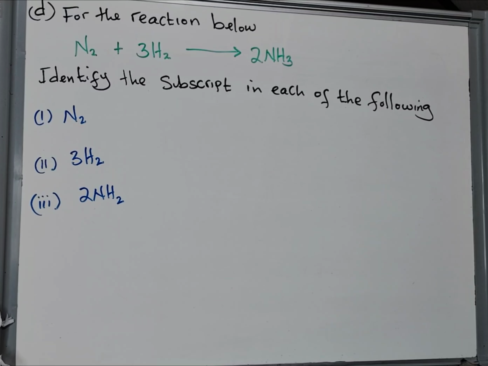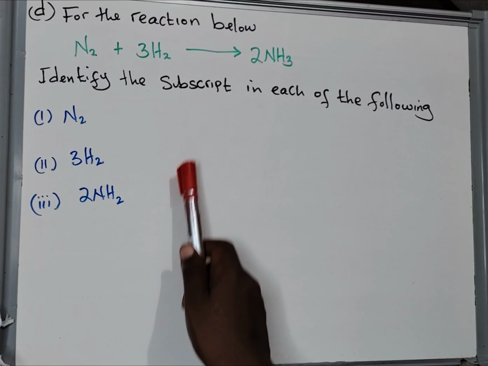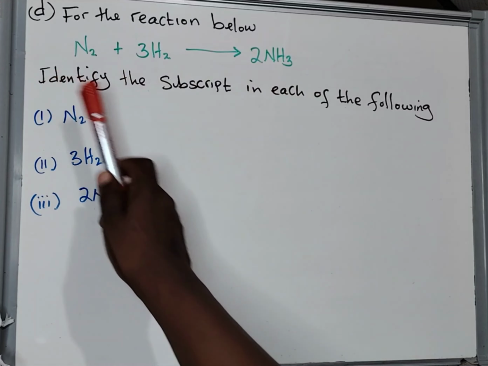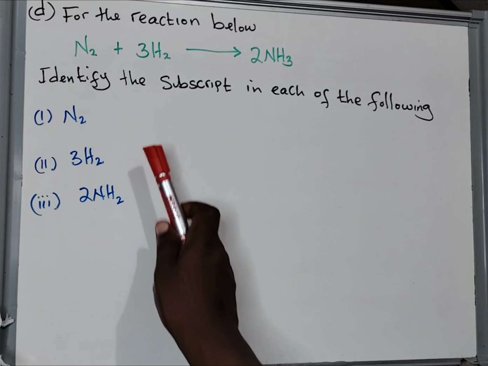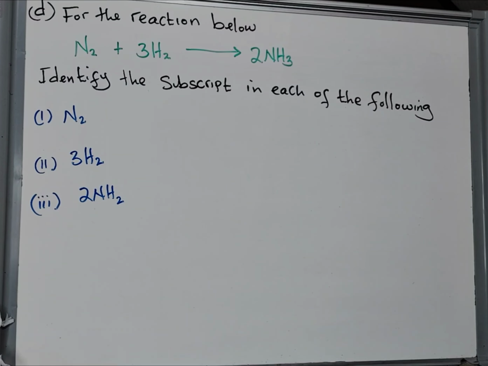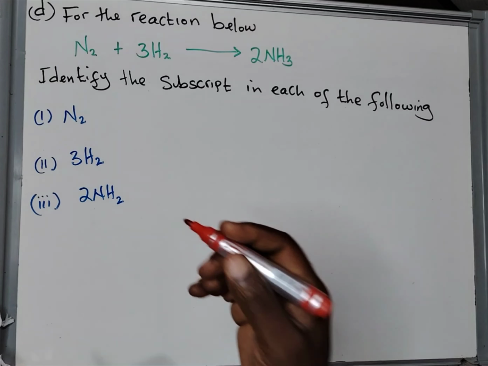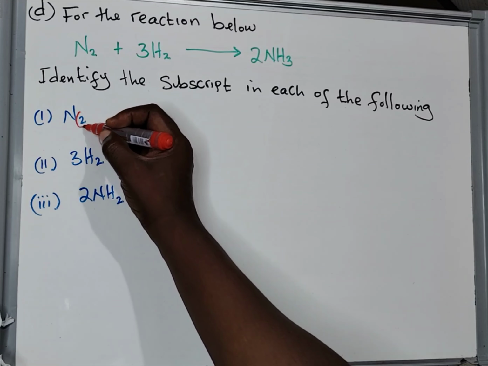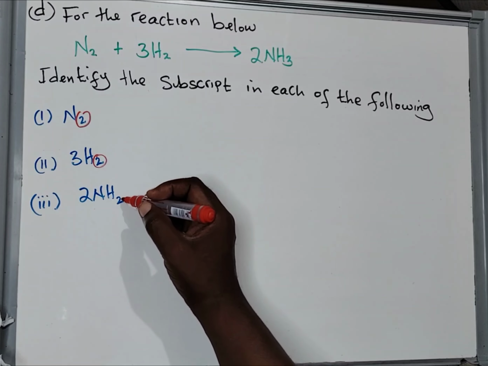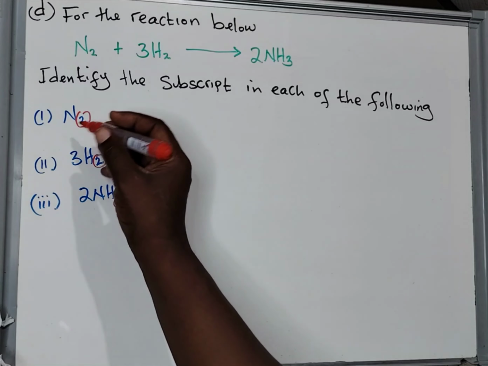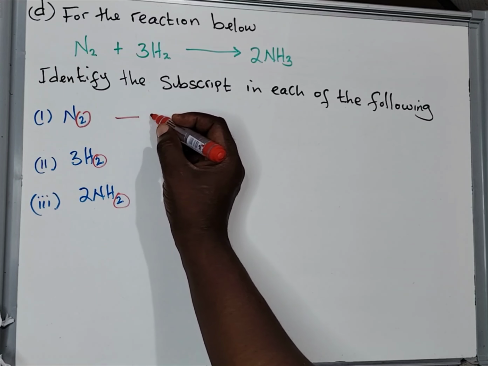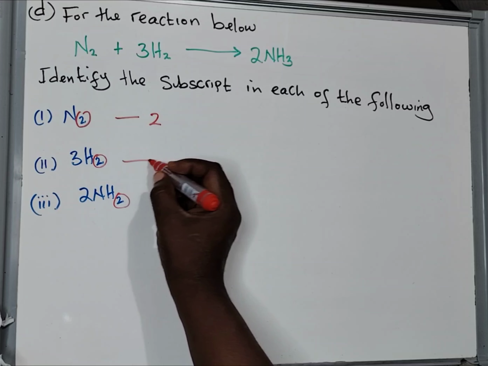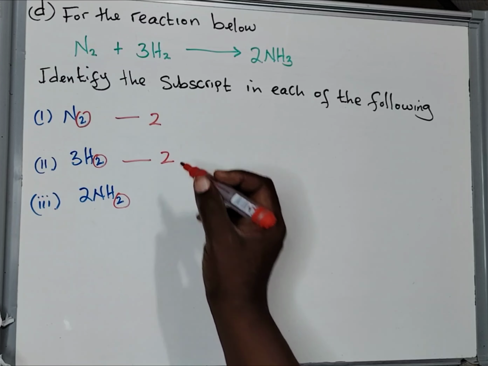So comes this question. It says that for the reaction below, this is the reaction. Identify the subscript in each of the following. Okay, you have to know that the subscripts are these numbers, these ones. So what's the subscript here? It's 2. And here it is 2.